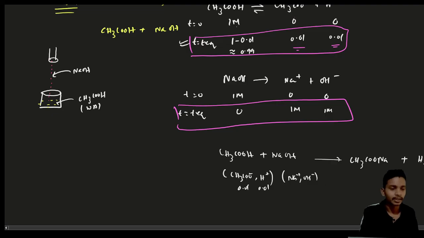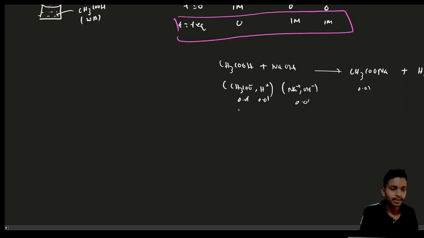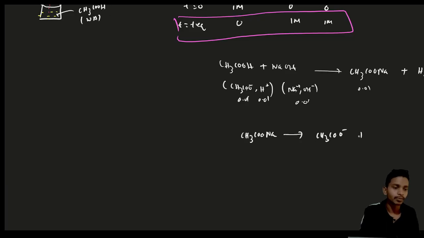So this amount is the reactant for this 0.01, and here also it is very small, but after the small drop this forms, and whenever this forms, this is a strong electrolyte, so it will completely dissociate into CH3COO minus plus Na plus, at T equal to 0 its value is 0.01, and at equilibrium it is completely dissociated into this.